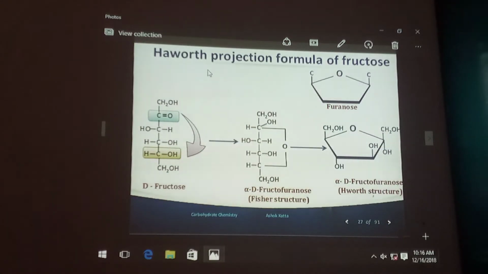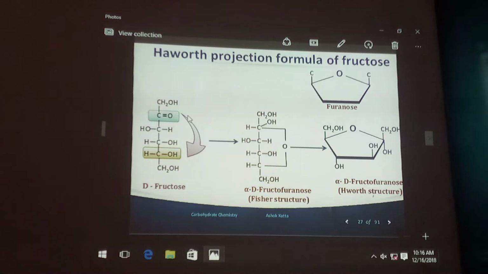Then we move toward the Haworth projection, or Haworth formula, of fructose. First we will draw the open structure of fructose, which is a keto hexose. In this case, first we will shift the bond toward oxygen, where the carbonyl oxygen is going to get a hydrogen.